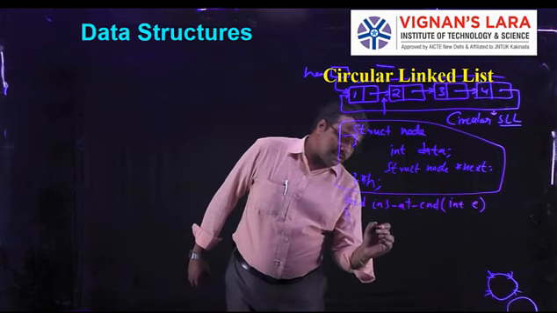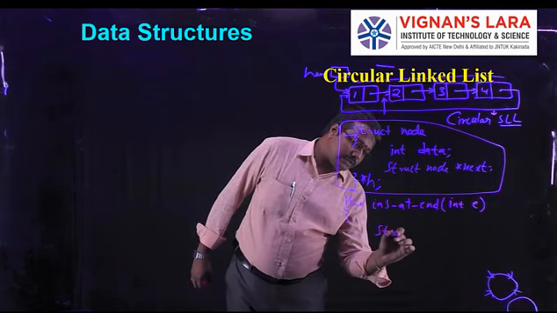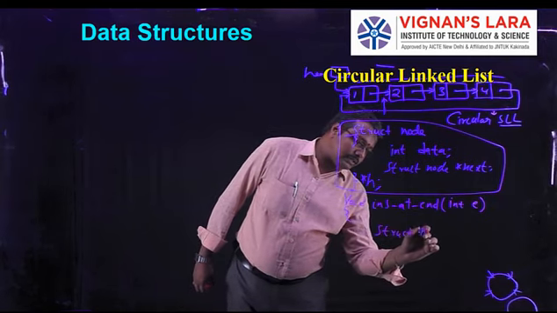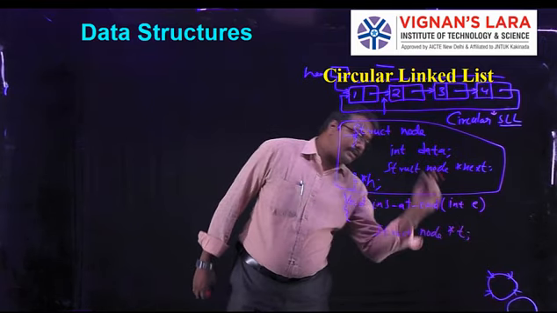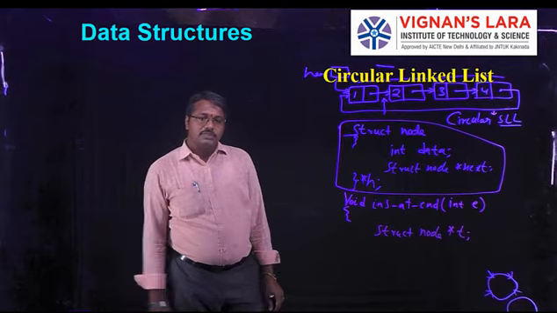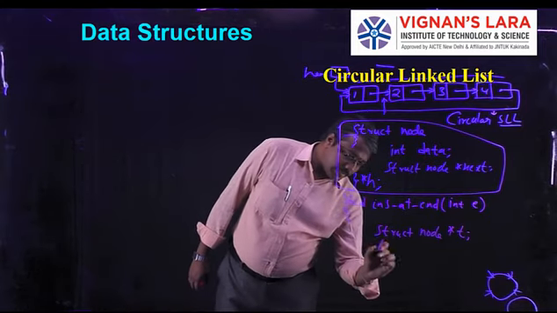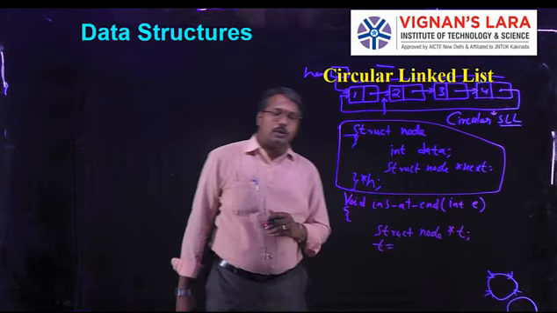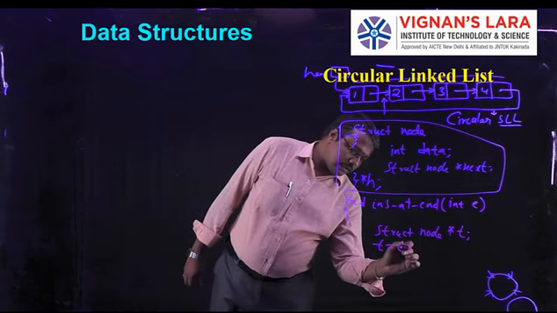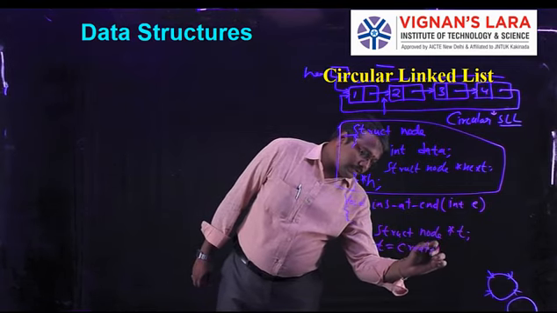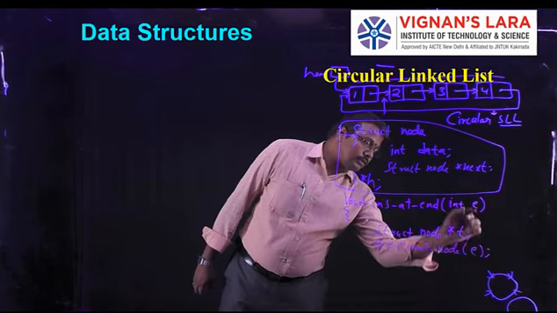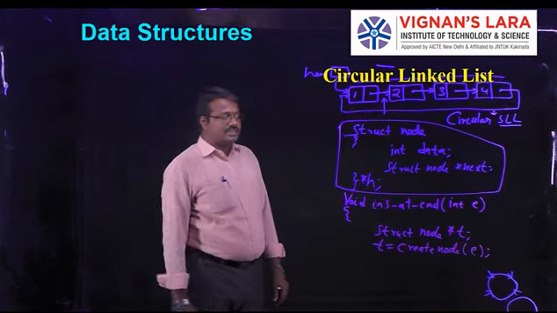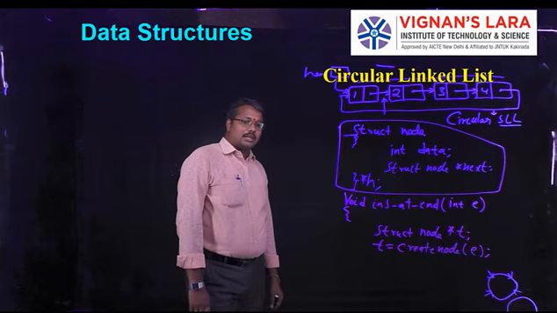That's why I create one temporary pointer: struct node star t. Here t is equal to the create node function invoked with this value, so I am passing e as an argument.